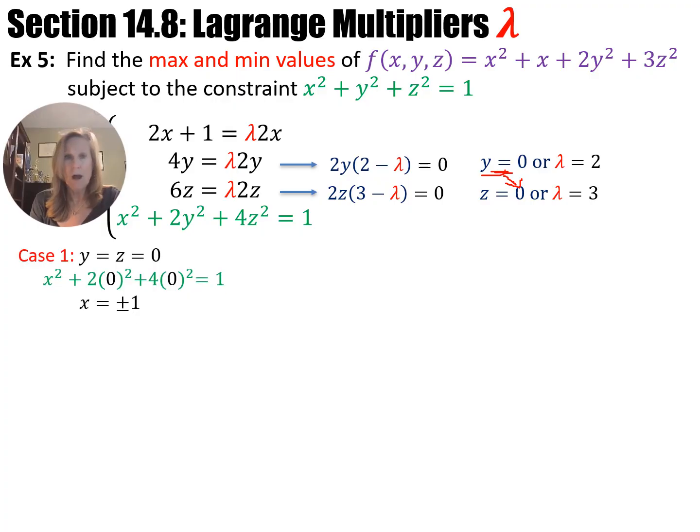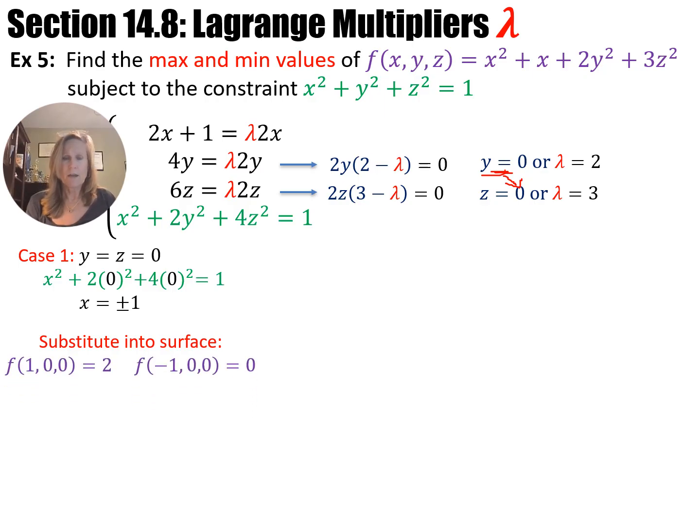So case 1, y and z are both equal to 0. Plug them in. x must be equal to plus or minus 1. Let's knock this out and put it aside. Substitute into the surface, right? 1, 0, 0 and negative 1, 0, 0, and I get 2 values added up. Hold that thought, and now let's go to case 2.